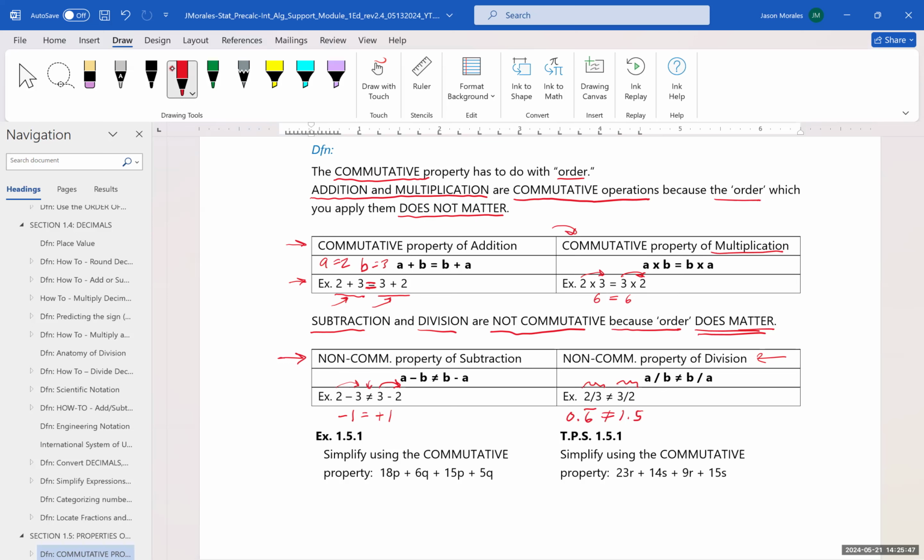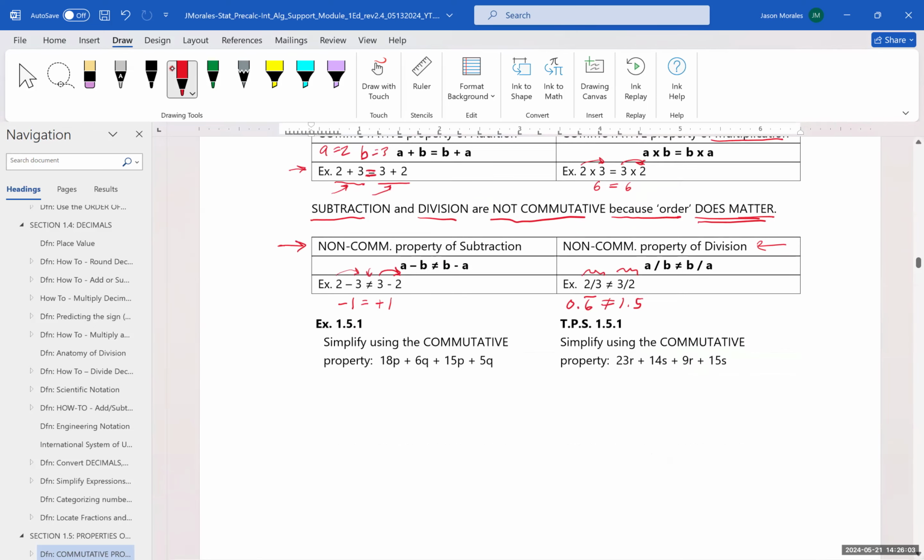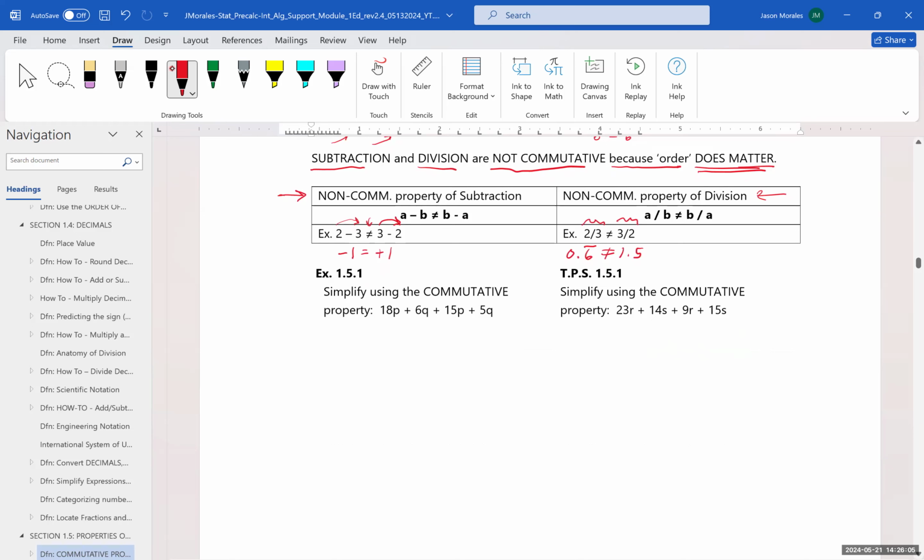And knowing which ones are commutative and which ones are not commutative helps you a lot in trying to simplify expressions. And you can simplify expressions by combining like terms. So let's look at an example. Here we're trying to simplify this expression using the commutative property of addition.